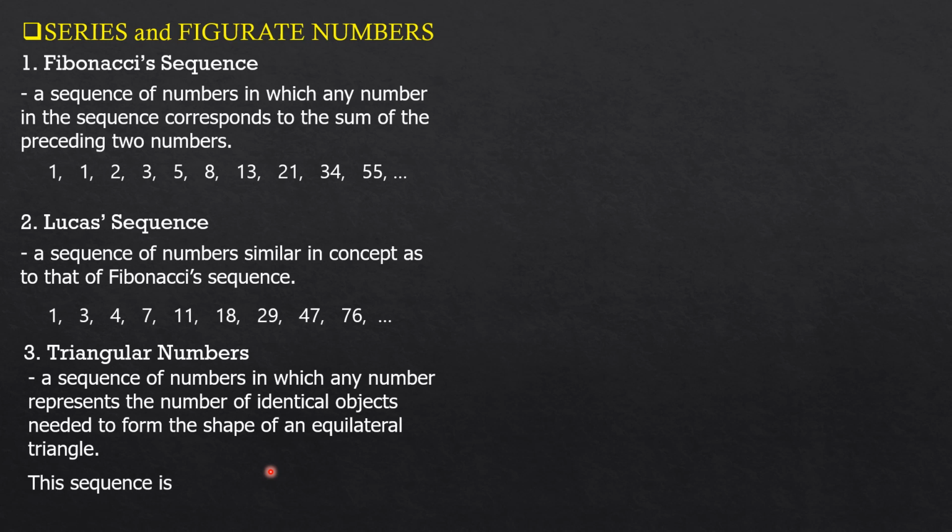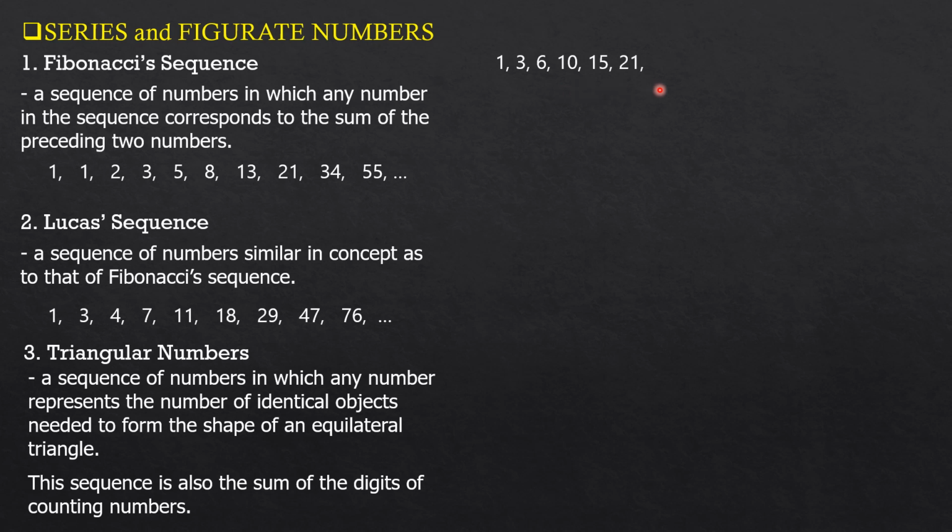So this sequence is also the sum of counting numbers: 1, 3, 6, 10, 15, 21, 28, 36, 45, 55, 66, 78, and 91, and so on and so forth.